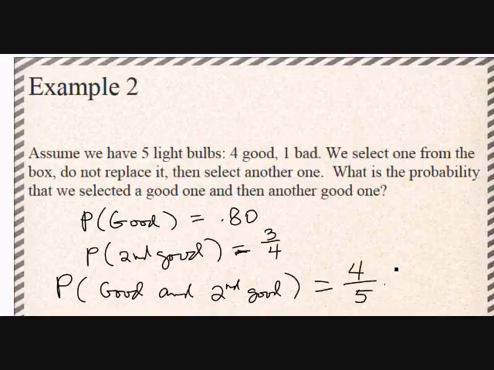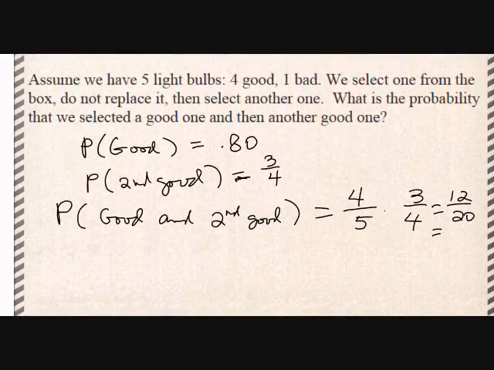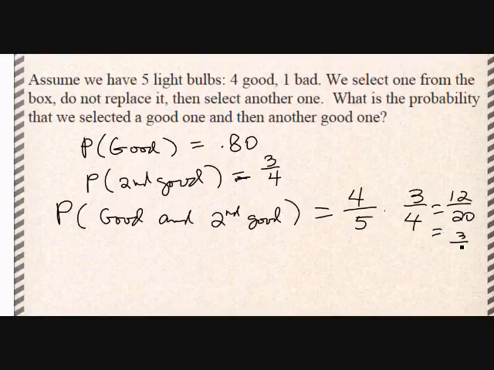Now I got only 3 good bulbs out of 4 in the box. So this would be 12 out of 20, or 3/5, or 0.6. Okay, so that's the difference between the conditional probabilities and the probabilities that you do for independent events.